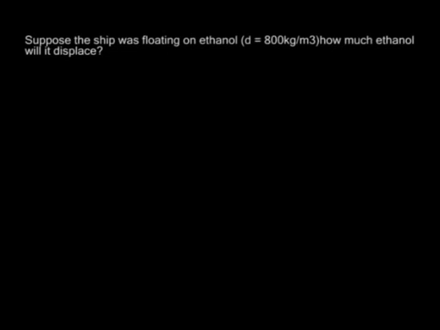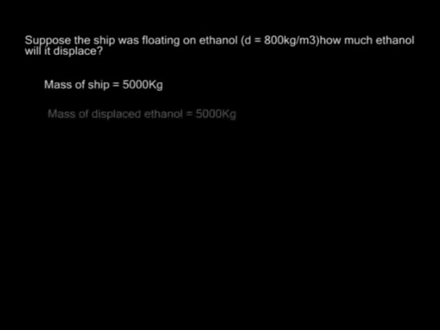Let's take an example. Suppose the ship was floating in ethanol with a density of 800 kilograms per cubic meter. How much ethanol will it displace? Solution: the mass of the ship is 5,000 kilograms.